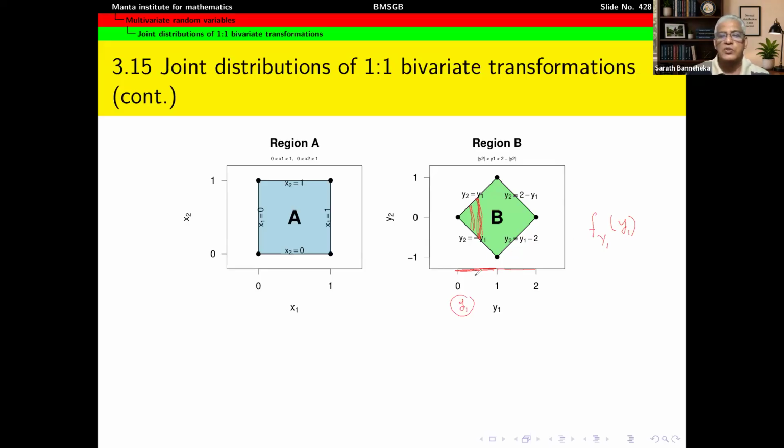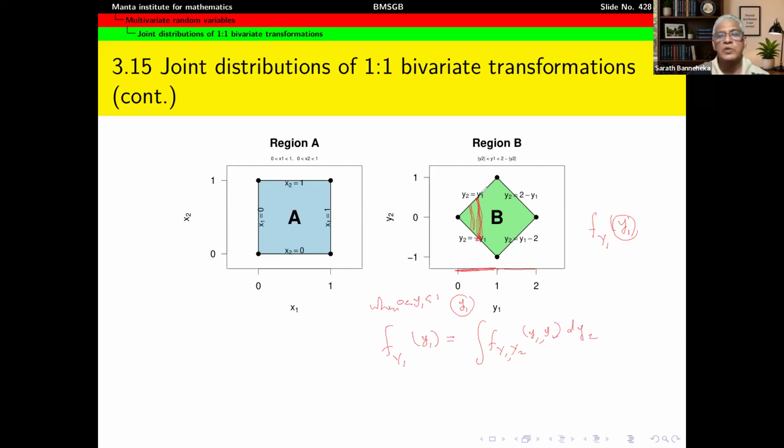So if I'm considering this y1 to be any value between 0 and 1, then f y1 evaluated at that y1, when y1 is between 0 and 1, will be equal to the integration of the joint density of y1 and y2 with respect to y2 from what to what?